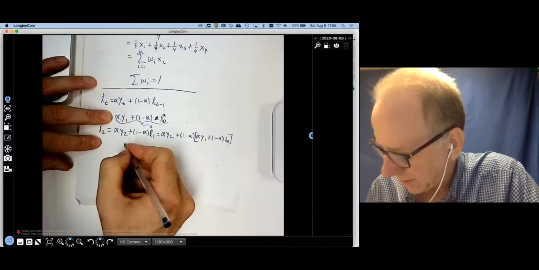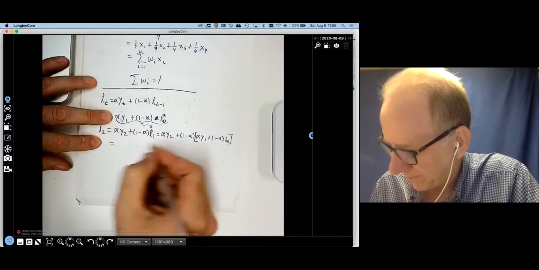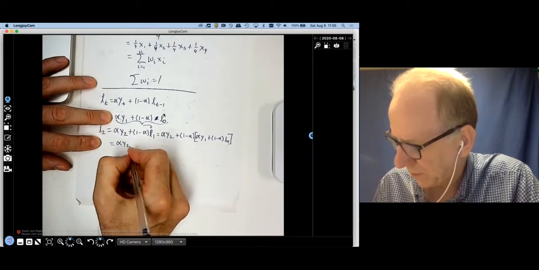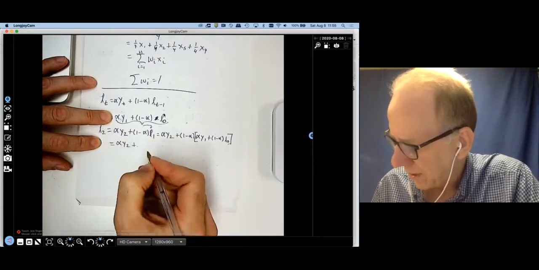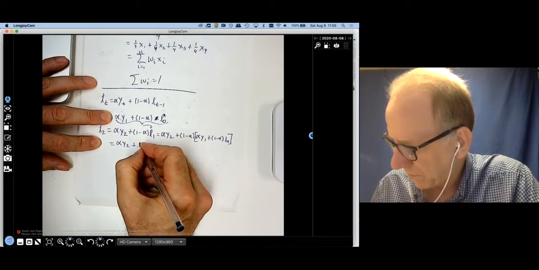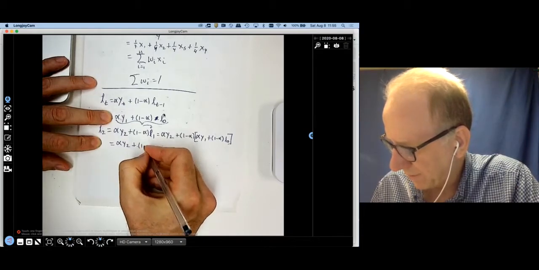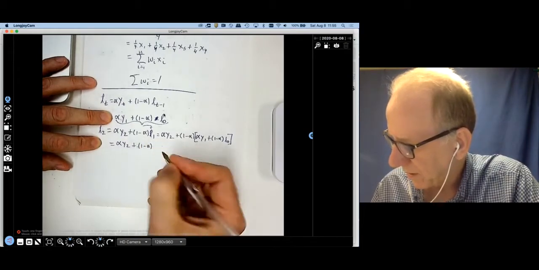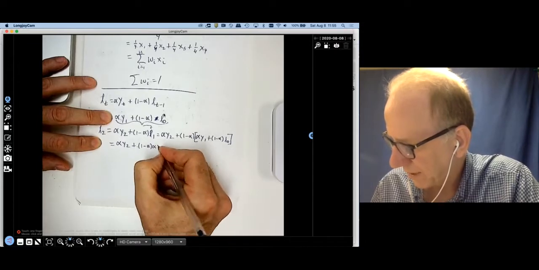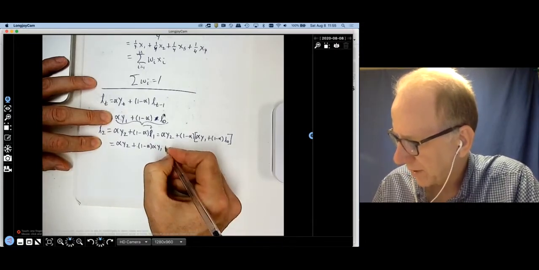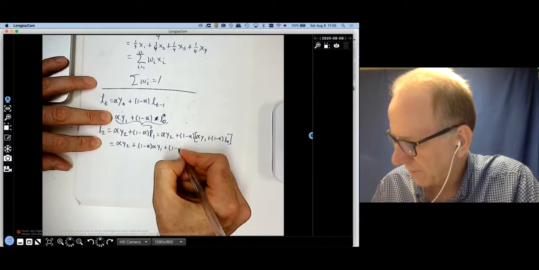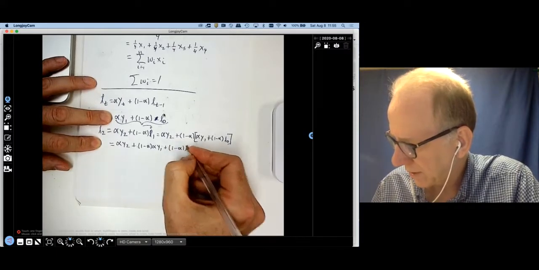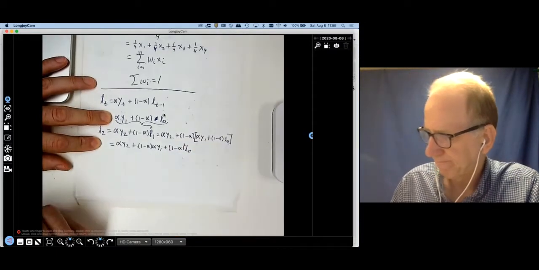Now I can expand this a bit if I want. This is alpha y2 plus 1 minus alpha times alpha times y1 plus 1 minus alpha, that's squared, times L naught.